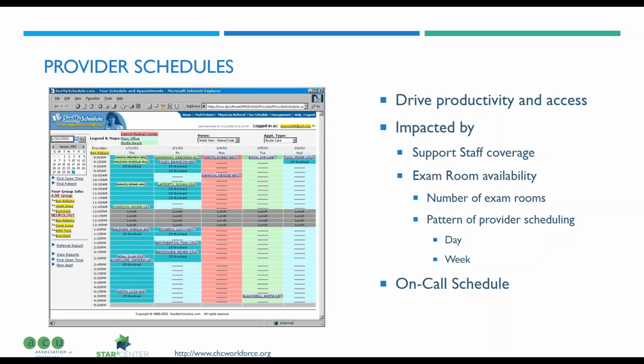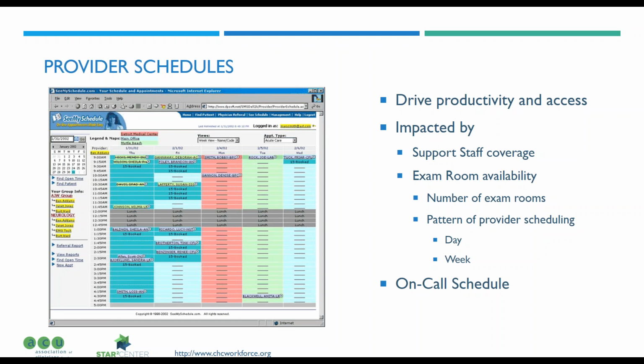They can be impacted by having enough support staff, having enough exam rooms. And we're going to talk about exam rooms a little bit further, but the number of exam rooms you have available, the pattern of provider scheduling by day and by week, and it can also be impacted by the on-call schedule.